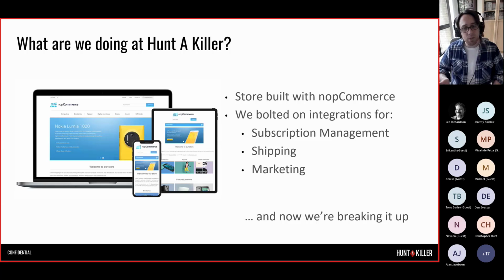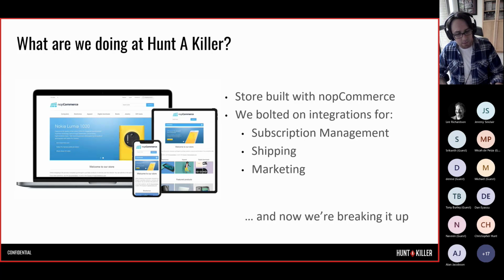We developed those as plugins and bolted those directly onto our e-commerce platform. And that went very well for quite some time, up until maybe about 6 or so months ago, as our business really began to scale and grow.